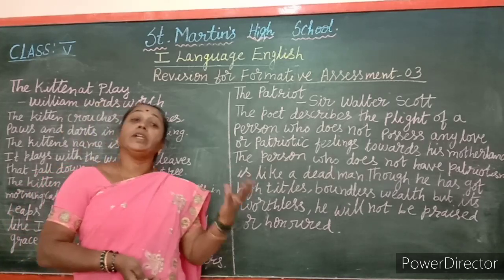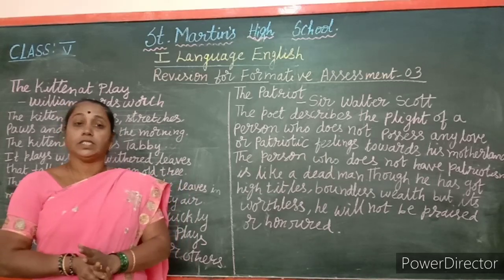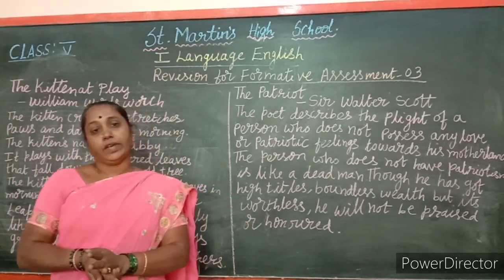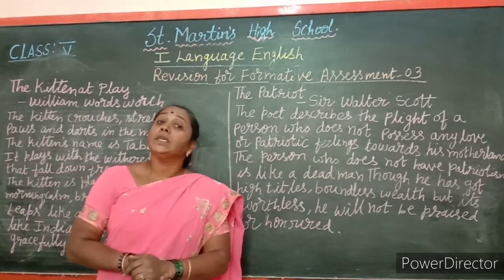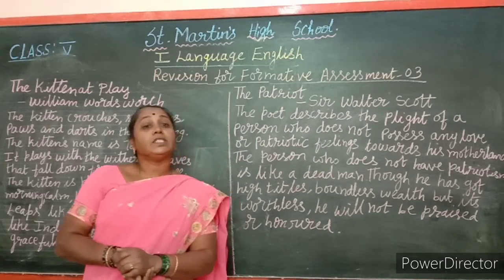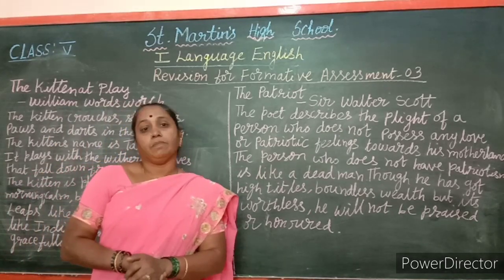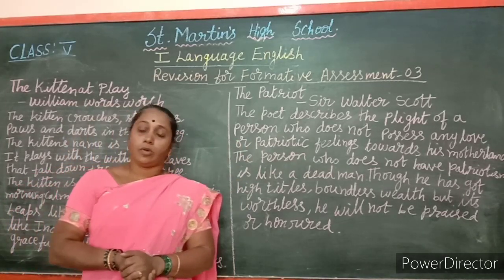And no poet will sing or praise him and his deeds, looking at his titles and wealth. So a poet will praise a person who is a patriot. Therefore, each and every person should be patriot towards his motherland. I think you understood the summary of this poem also, children.